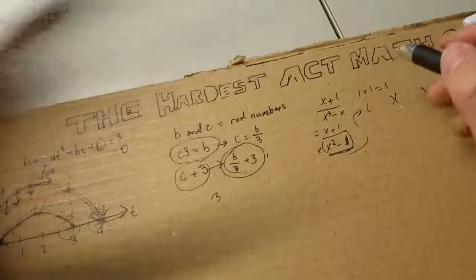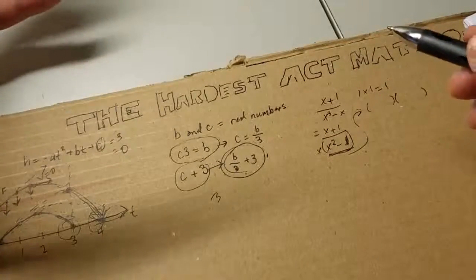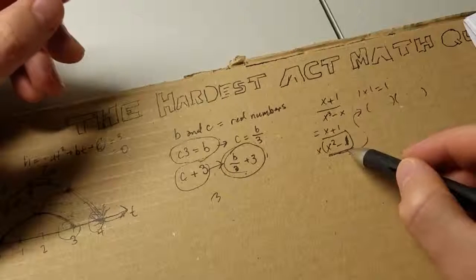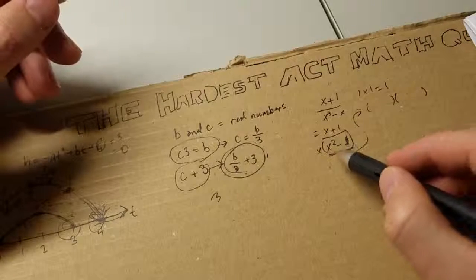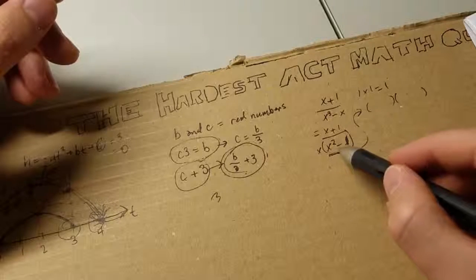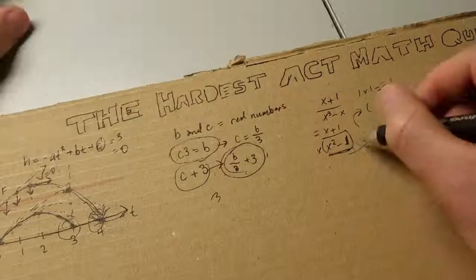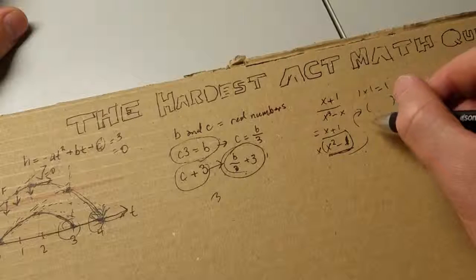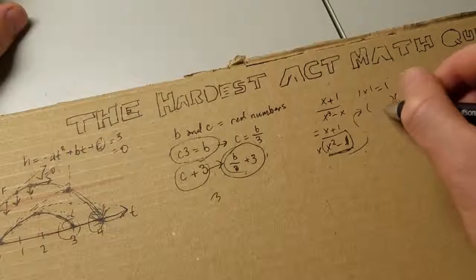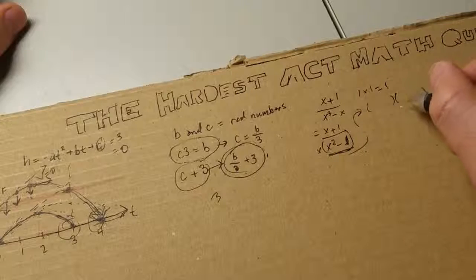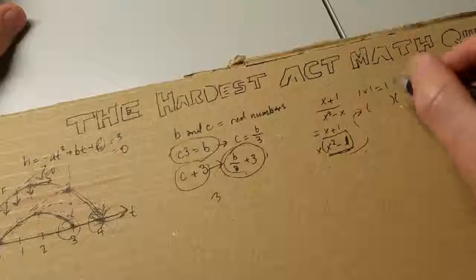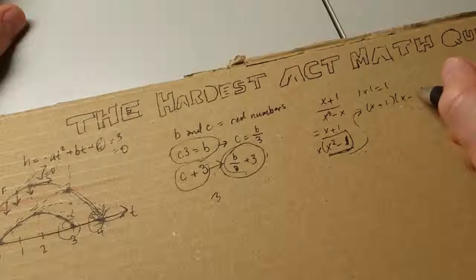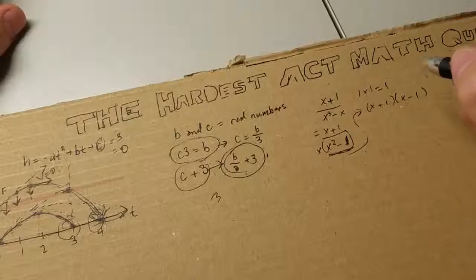So basically the rule of difference of squares is if you have a square minus another square, in other words a difference of two squares, this can decompose into the roots plus each other and the roots minus each other, and you have x plus 1 and x minus 1.